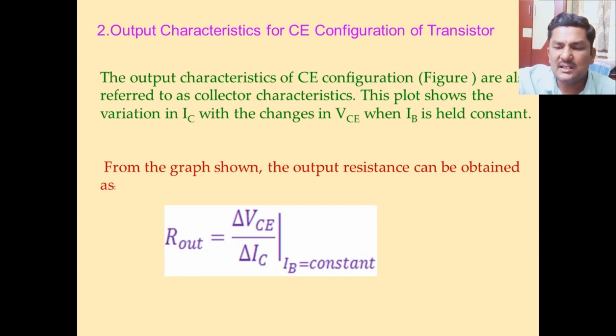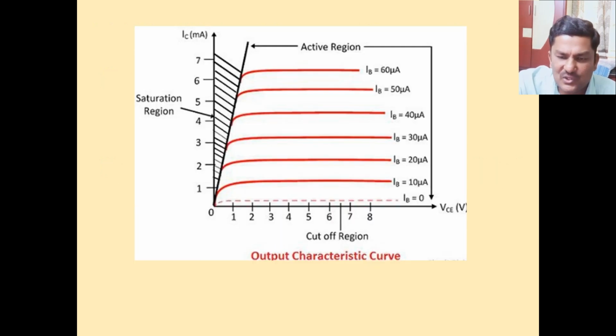Okay, the output characteristics of NPN transistor in common emitter configuration. So if we observe the output characteristics of a transistor, actually this is important. For IB of 10 microampere, the graph is like this. When IB value changes, the maximum value of IC also changes.